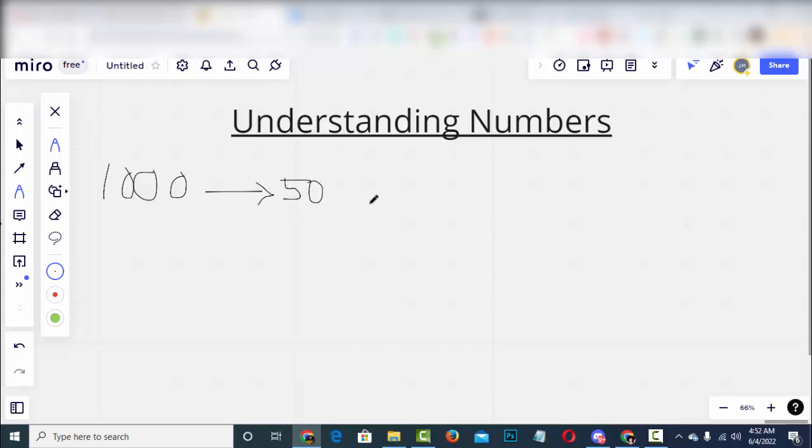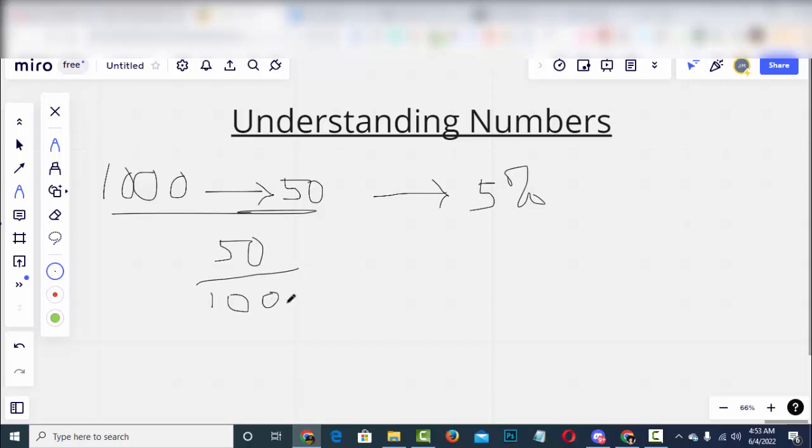What that means is your conversion rate of the sales page is 5%. That's what it means. How did we calculate that? 50 divided by the number of people who saw the page, times 100, is going to give you this.